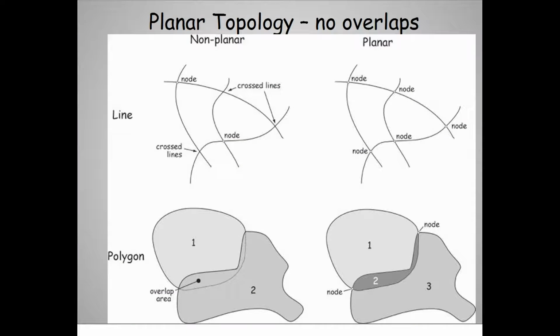Another thing about the vector data model is that for a long time, people saw planar topology as a real big advantage. In other words, inside of the GIS system, you could not have this. You could only have this.